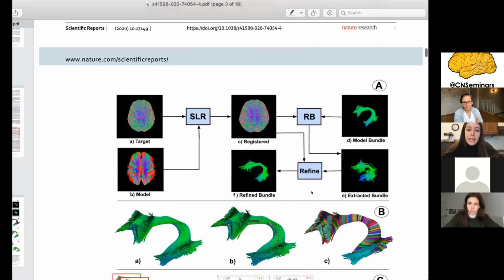Then there is this second step here, which consists in the segmentation of the bundle of interest. They call it the assignment step, because for each point in the bundle of interest, they assign the closest point in the model of the bundle of interest.